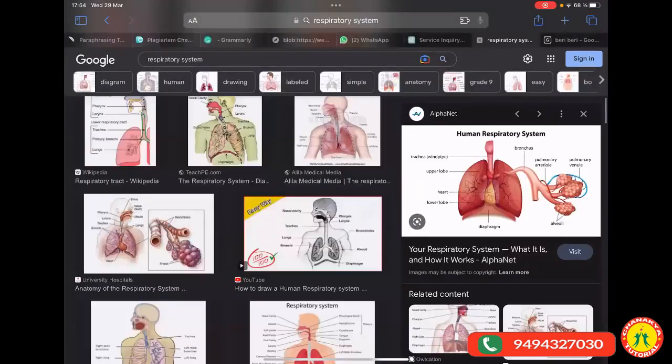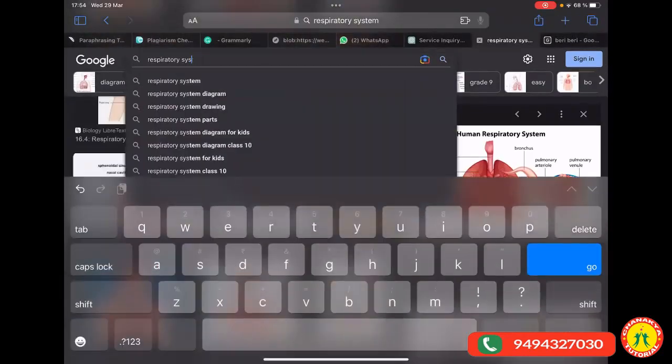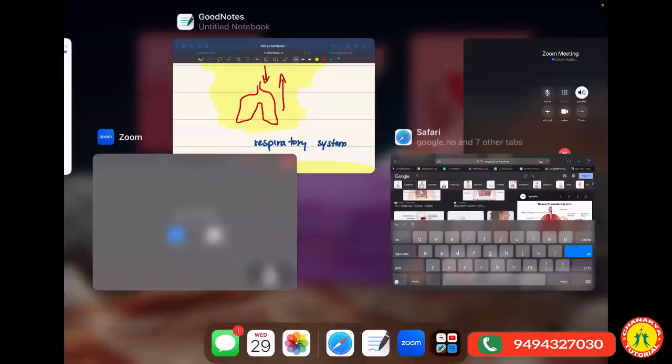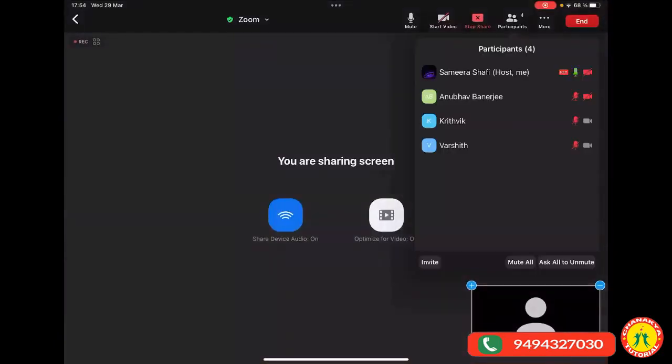Then we have, what are the systems you know? Come up with another system. What are the other systems you know? Guys, hello? Hello? What are the other systems you all know? Anubhav, can you tell me? Ma'am, excretory system.